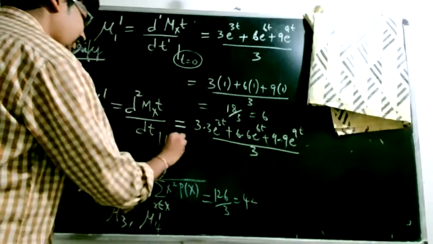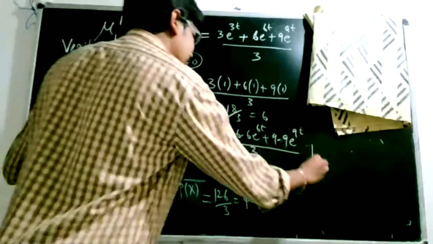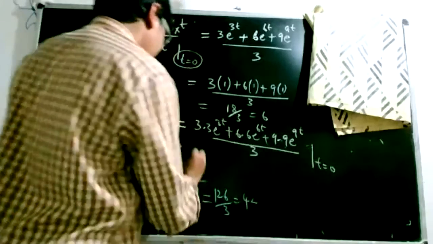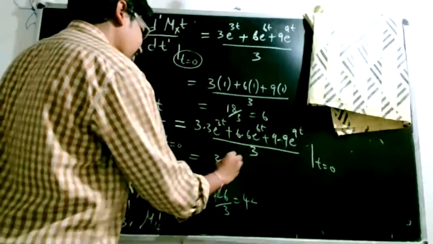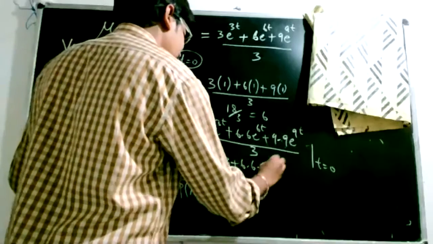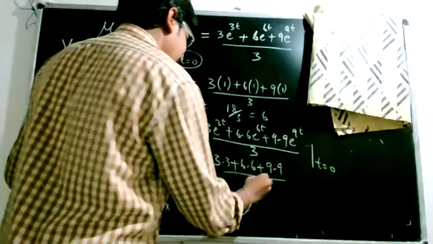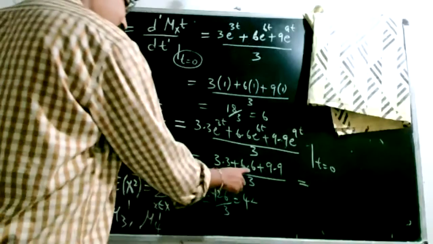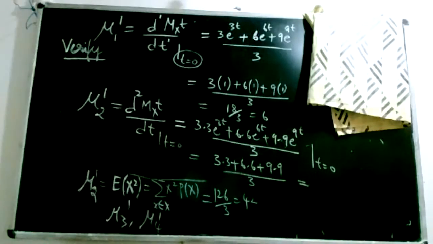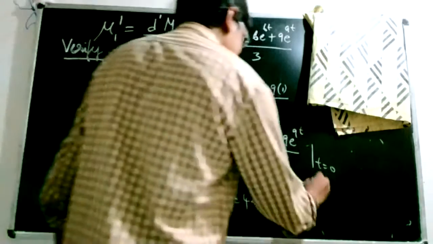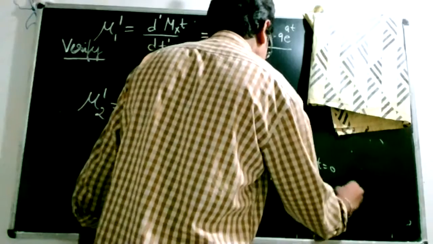So taking t equals 0, we get 3 into 3 plus 6 into 6 plus 9 into 9 divided by 3, which comes to 9 plus 36 plus 81, which is 126 by 3, the same as 42.